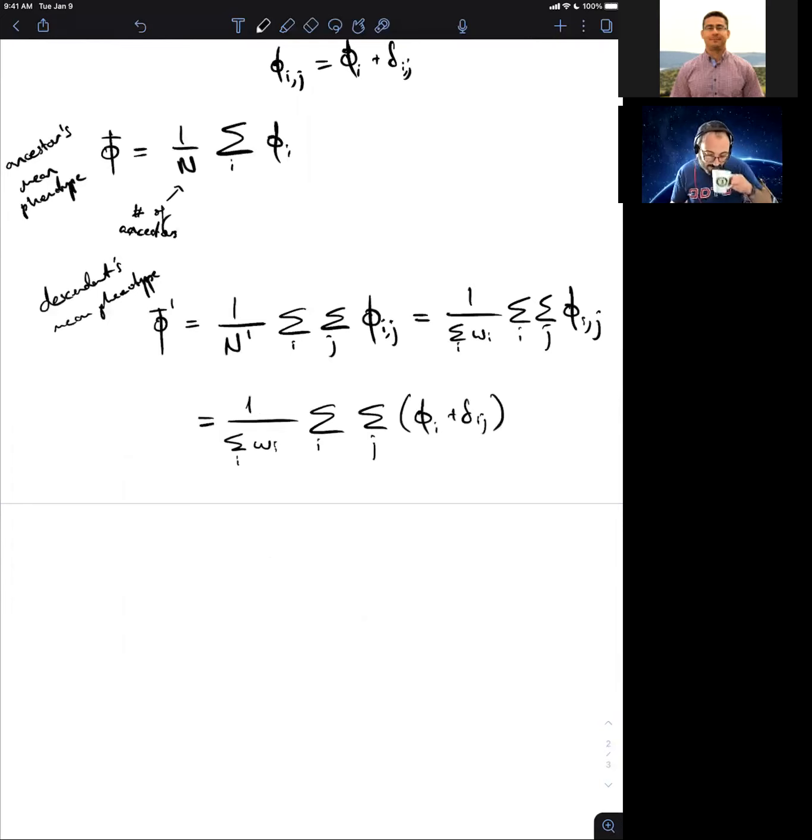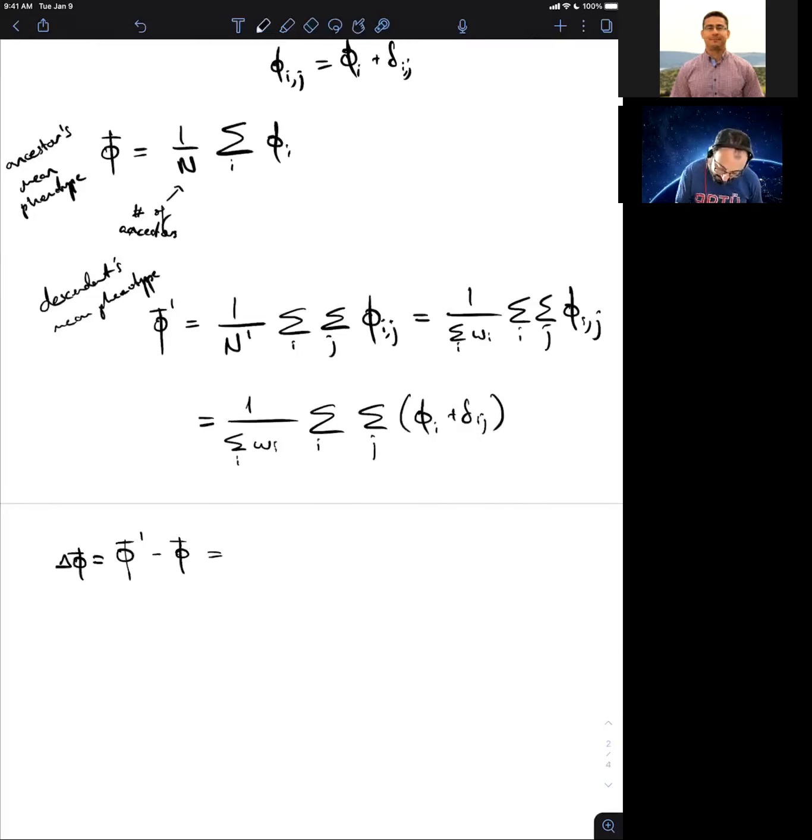So what we want is phi bar prime minus phi bar, which we're going to call delta phi bar. This is the change in the mean phenotype from one generation to the next, from the ancestors to the descendants.